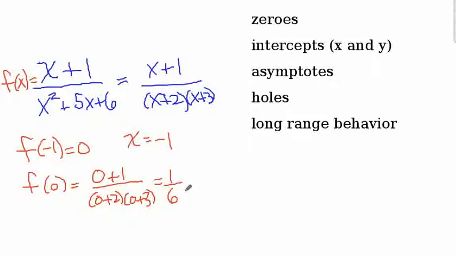Moving right along, an asymptote. An asymptote is a line that a graph appears to be, in the long term it gets closer and closer to it, but it never quite reaches it. Why would this have an asymptote, and what exactly is the asymptote that it has? Well, actually this has a couple of asymptotes.